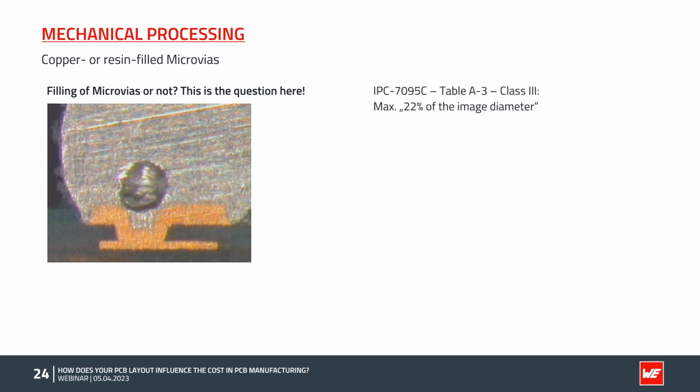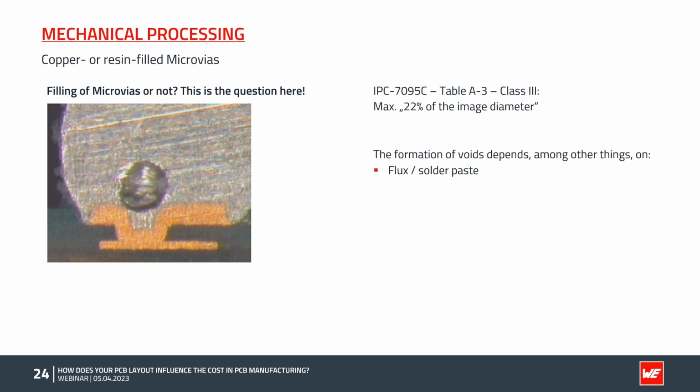The question is, what is tolerable? And when you look into IPC 1795C, class 3 would mean 22% of the image diameter, when you, for example, take an X-ray picture, is still allowed to have voids. So would this be okay for your application or not? And this void formation depends on a lot of things.